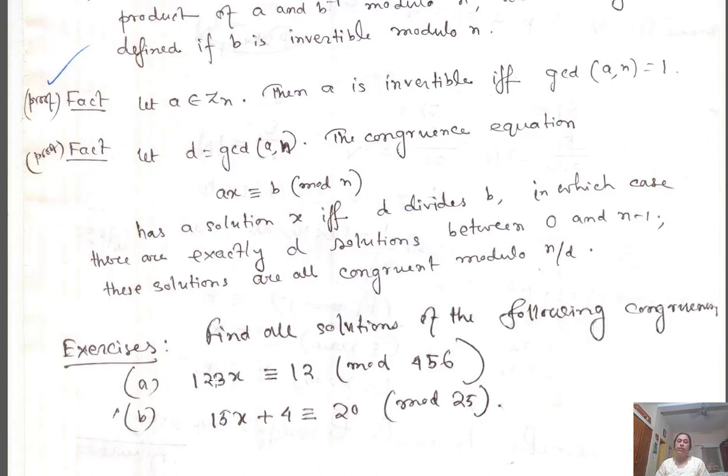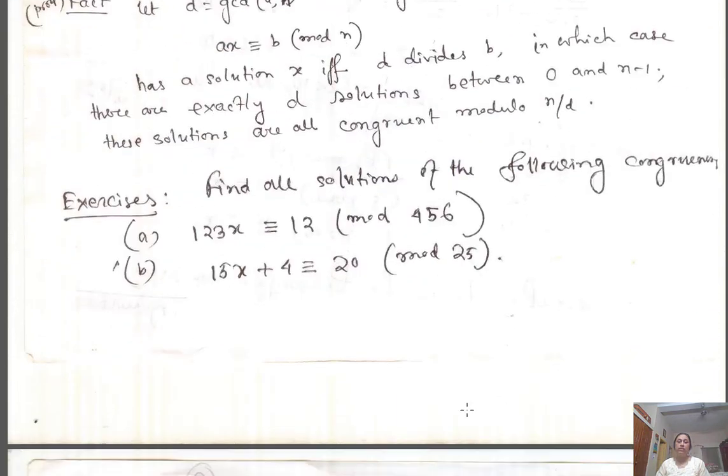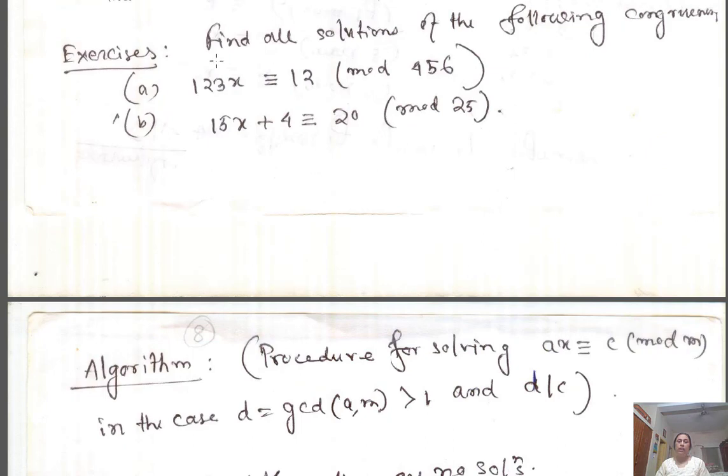Similarly, here you can rewrite this as 15x congruent to 20 minus 4, which is 16, modulo 25. Now the GCD of 15 and 25 is 5. 5 does not divide 16, so this second equation does not have any solution. You do this exercise on your own.